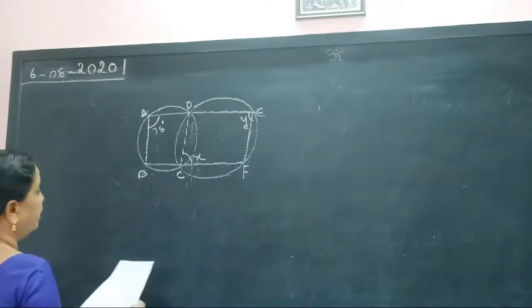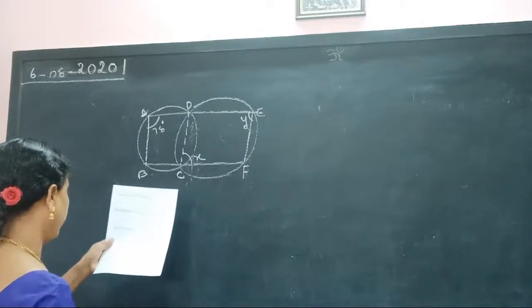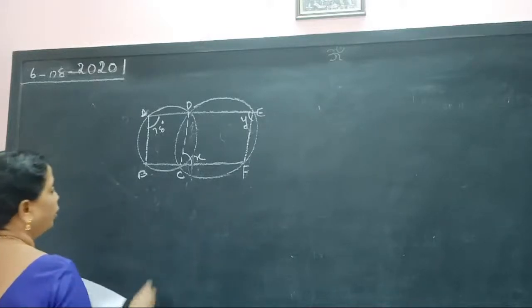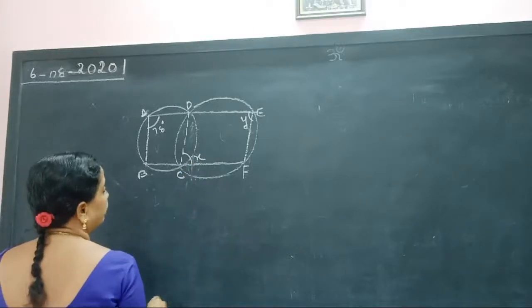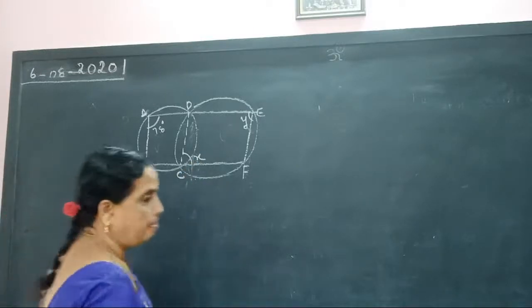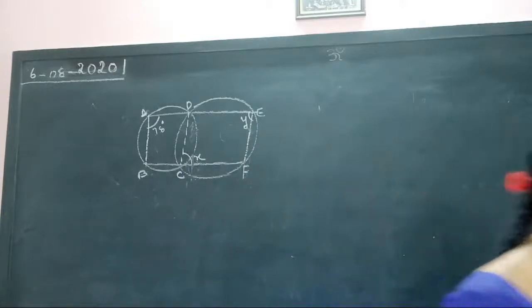Angle BAD equals 78 degrees. Find out angle DCF and angle DEF. Get the figure first.